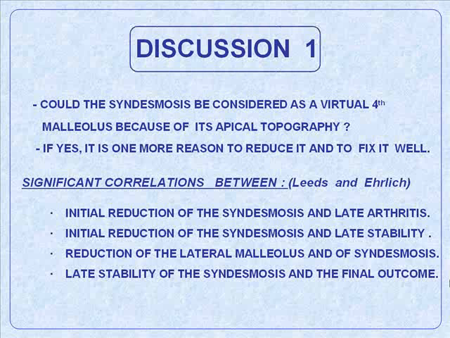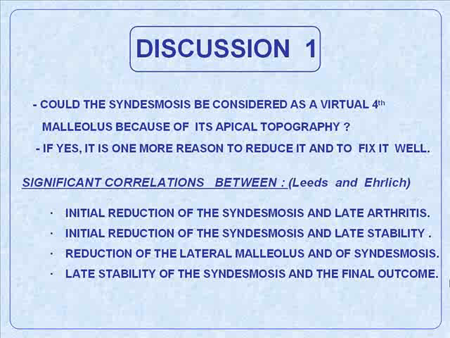Could the syndesmosis be considered a kind of virtual malleolus because of its apical topography? If yes, it's one more reason to reduce it and to fix it as well as possible.